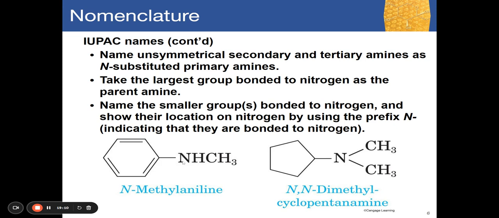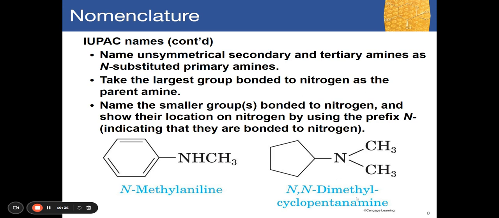Minsan nagkakaroon lang ng plus, but in this case, hindi siya magkakaroon ng plus or minus or any charges here, because yung electron na naiwanan ng ating hydrogen will be bonded to your carbon. So in this case, this one is still N-methyl. Why N? Yung methyl natin is nasa linear, connected to the nitrogen. And then we have the aniline. So this one is N-methylaniline.